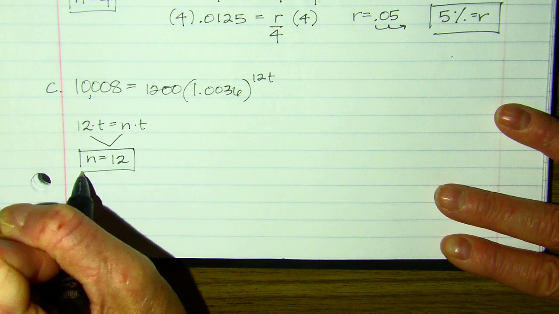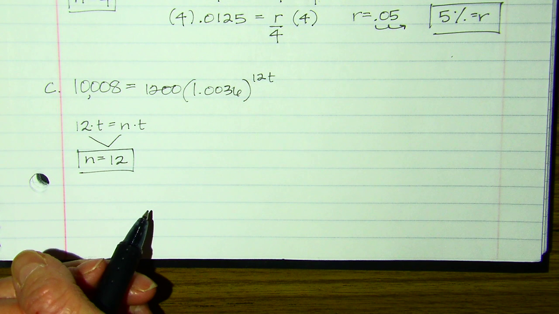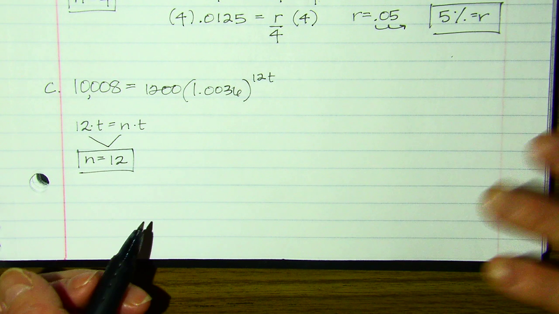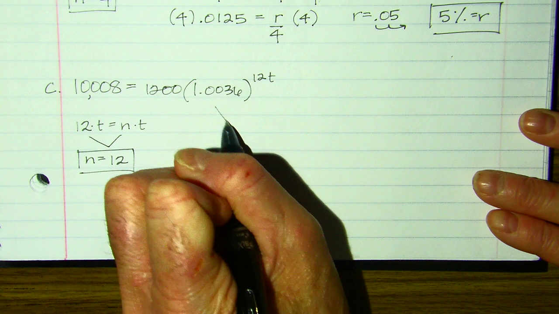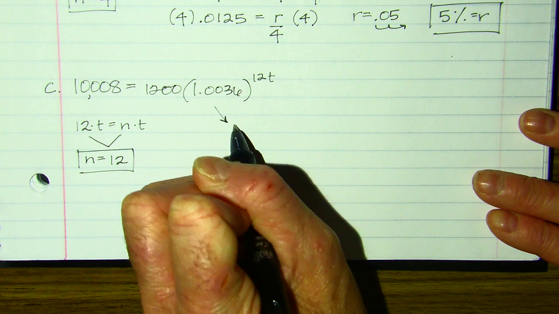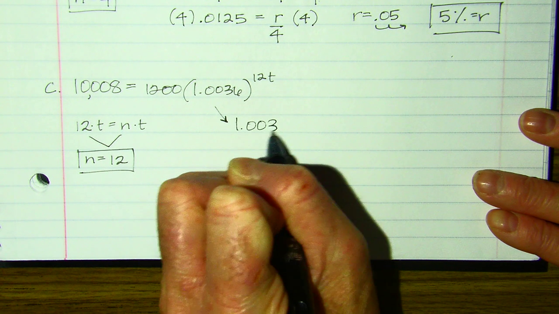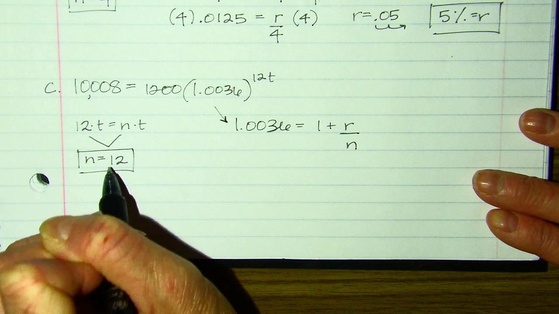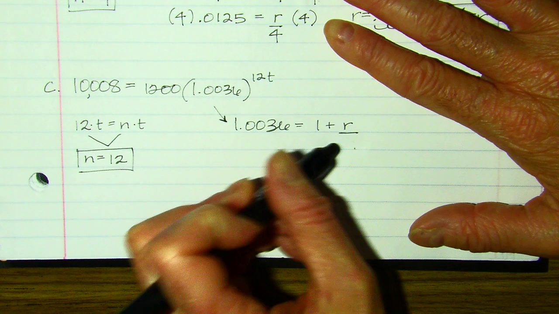Do you remember what word represented 12? What happens 12 times a year? Month. So monthly must have been used in this example. Then I'm going to take my inside of the parentheses and set that equal to 1 plus my rate divided by n. But we just found n. n is 12.